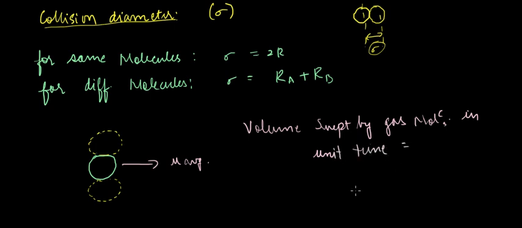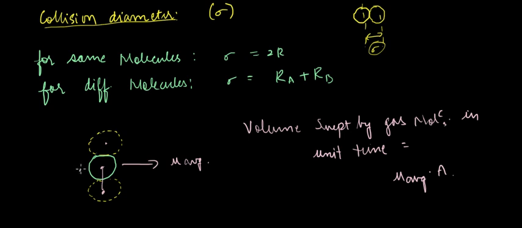So volume in unit time would be U average multiplied with the cross sectional area. How do we get it? U average will be nothing but distance divided by time into area. Distance into area would be volume, and V by T is volume swept per unit time. What is the cross sectional area?